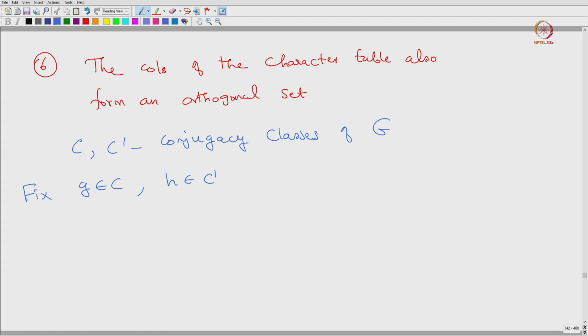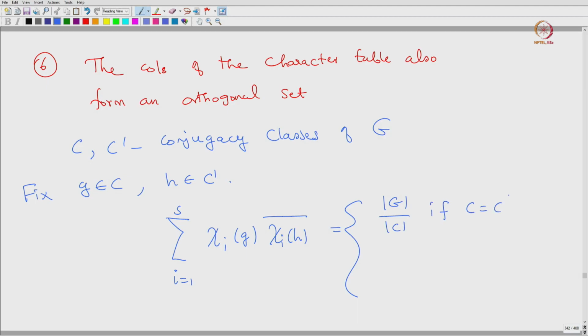So, fix these elements. Then if we evaluate the following column values, take the summation of chi i of g times chi i of h bar, i ranging from 1 to s. Then this is exactly given by the cardinality of G divided by the cardinality of C whenever C equals C dash, and 0 otherwise.